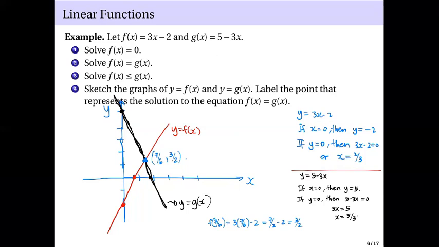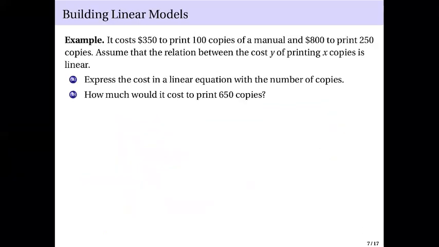Okay. So normally the problem is not like this. It's not that you are given the equation of the line, or the function. Normally the problem is written in words. So they are word problems. And our goal when we have word problems is to construct a model to solve the word problem.